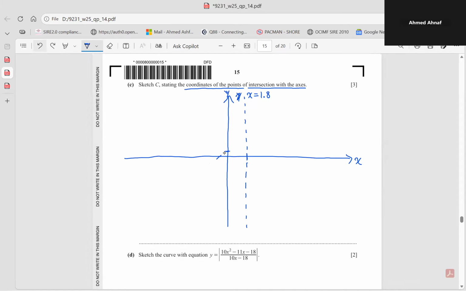Oh shoot, I don't know what's going on, it's acting a bit funny. As you can see, it's not perfectly straight, but it's the best I can do. So this is y equals x plus 7 over 10.